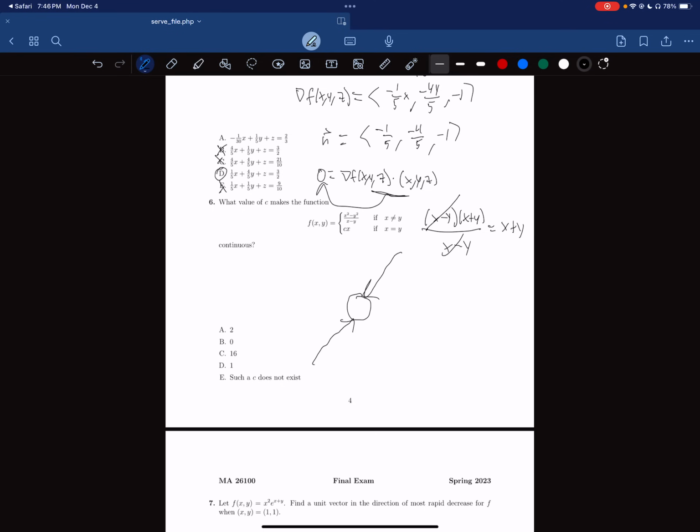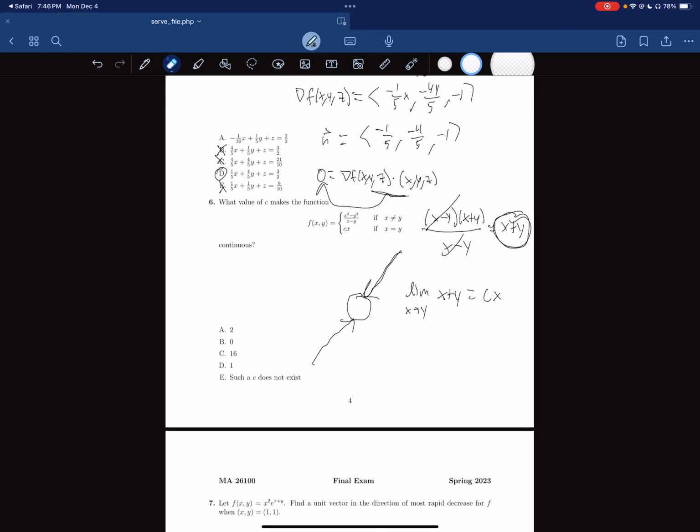So the limit from both sides along the line y equals x should be equal to this thing right here. So if we take the limit along the line y equals x, or as x goes to y, of this thing right here, x plus y, we want that to be equal to cx.